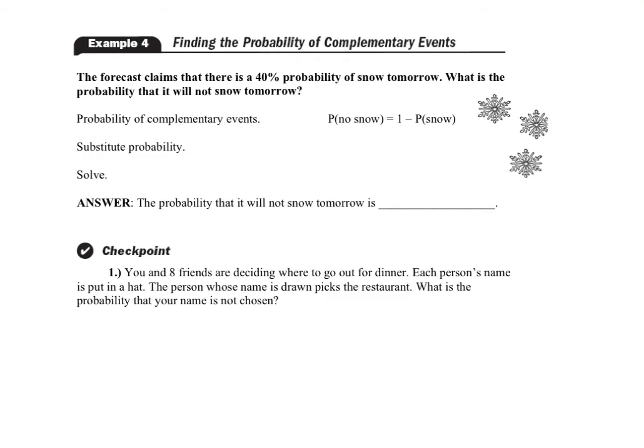Well, if you know that the probability of snow tomorrow is 40%, then we can pretty quickly figure out that the probability of no snow, or not snowing, is 1 minus that 40%. Well, we've already done a lot with probability or with percent. So 40% we know is 0.4.